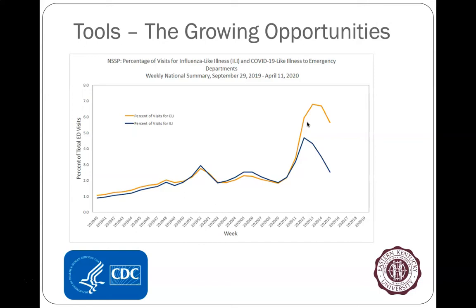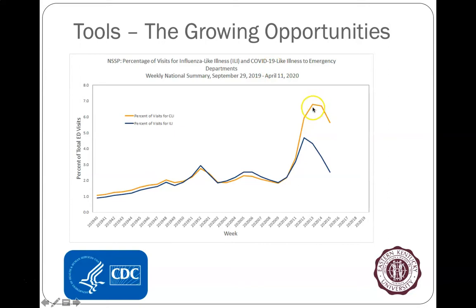Already, the Centers for Disease Control and Prevention has been doing influenza surveillance for years where we can track the influenza. They're doing this for COVID-19 using their influenza syndromic surveillance systems.